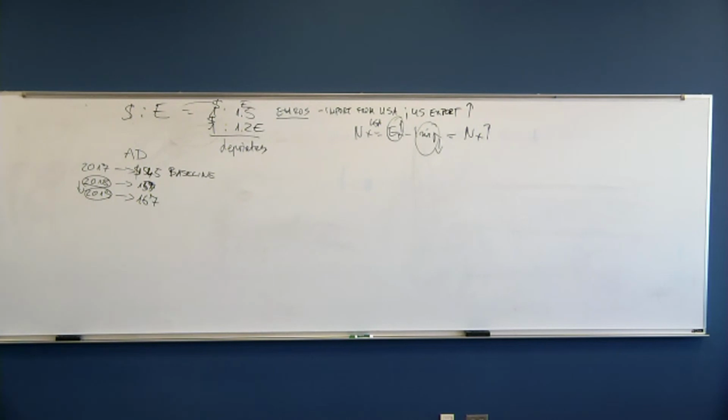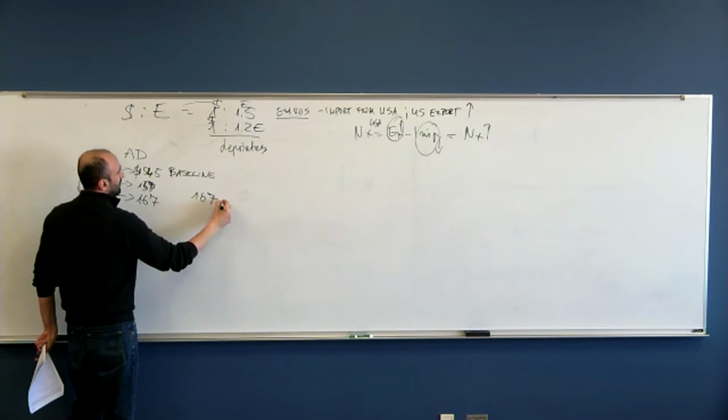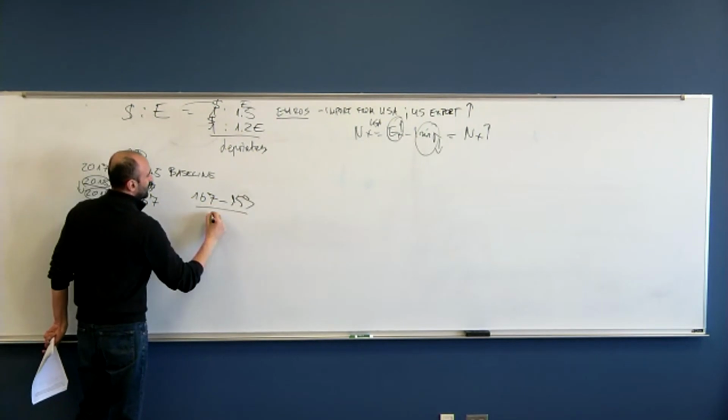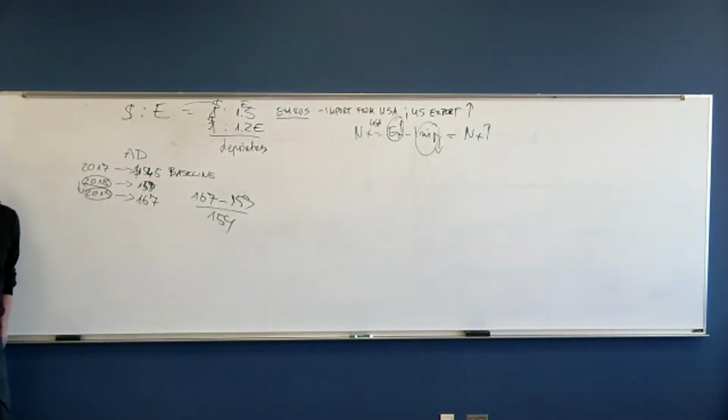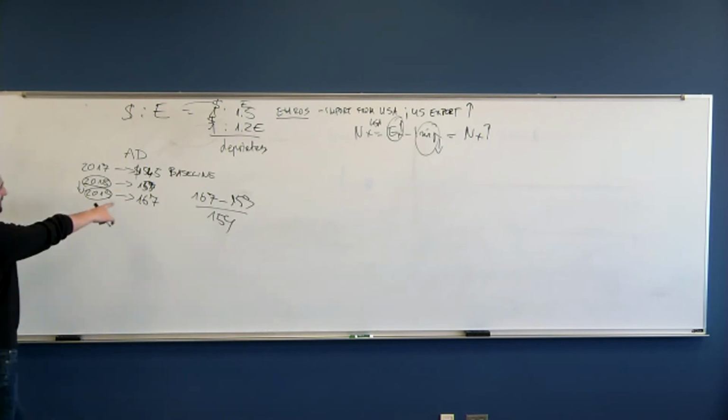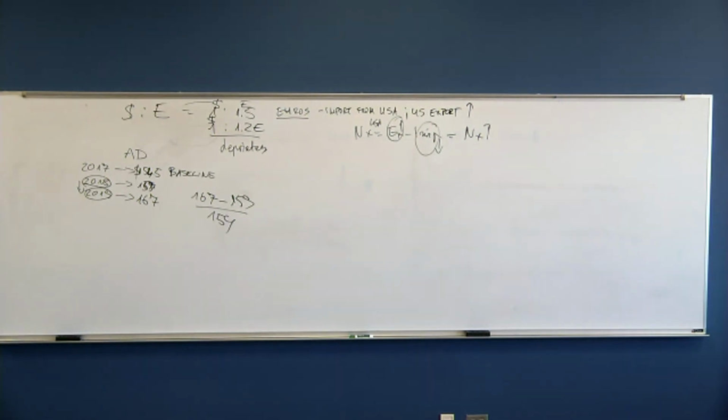What 90% of you did, in both groups, was CPI 2 minus CPI 1 over CPI 1. So what you did was 167 minus 159 over 159. You took the dollar values of the representative basket, calculated the change in dollars, and said that's the inflation rate.